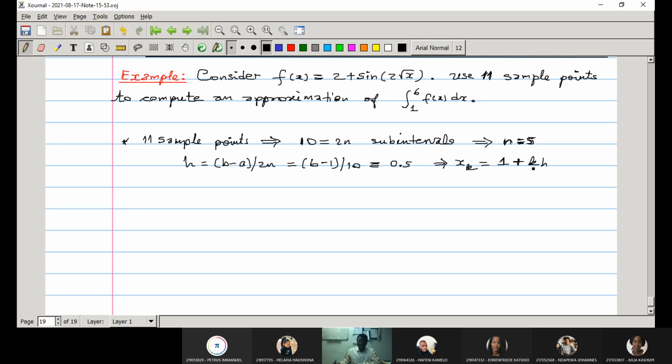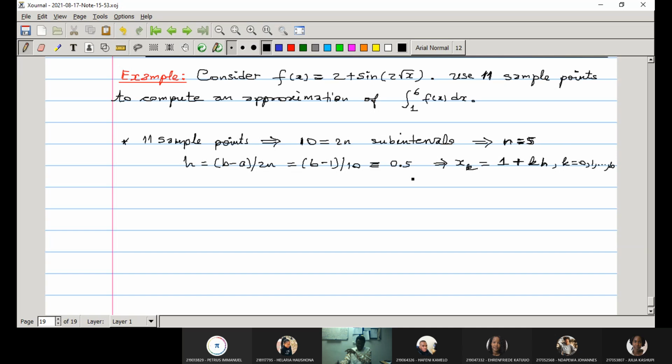And we know that k in total goes to 10, right? Because we have 11 points in total. So I can write all those points here and group them. If I don't want to use the formula, I can always do that, right?